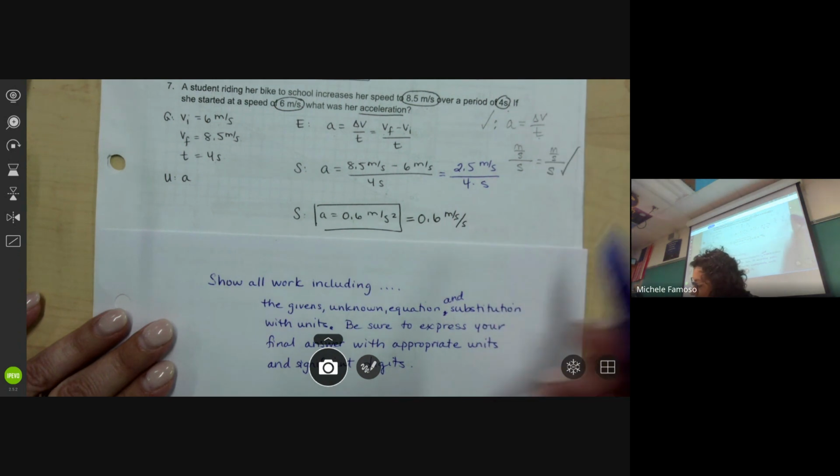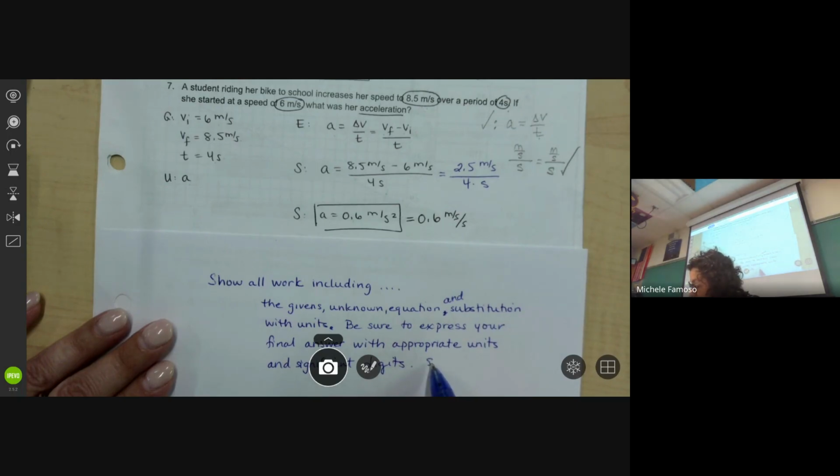So if I want you to show the dimensional analysis, it would say, and show the dimensional analysis to prove the units of acceleration equal the units of change in v over t.